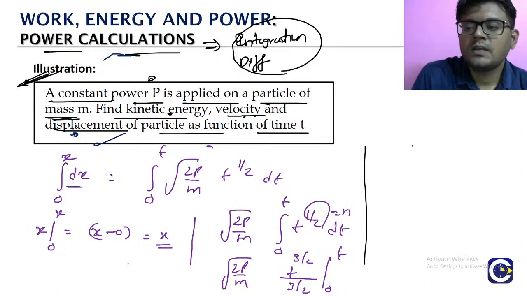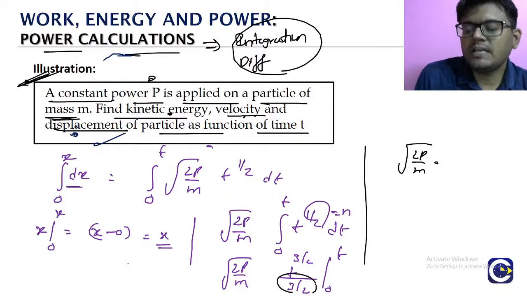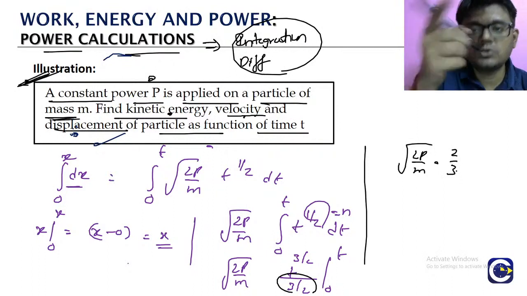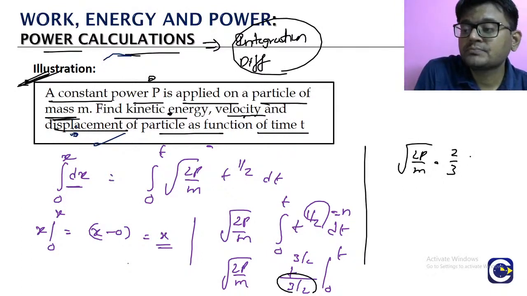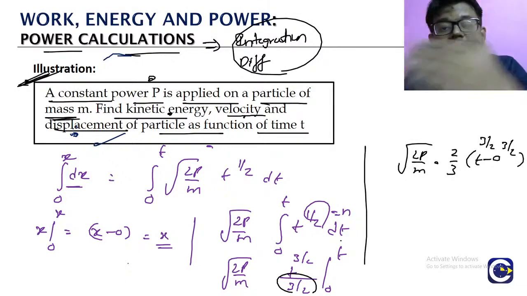Okay, so look at this. We have root 2p by m. The 3 by 2 is in the denominator, so the 2 will go to the numerator, giving 2 by 3, times t power 3 by 2 minus 0 power 3 by 2. The final limit is t and the initial limit is 0.